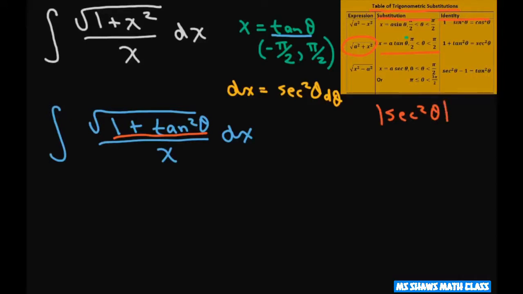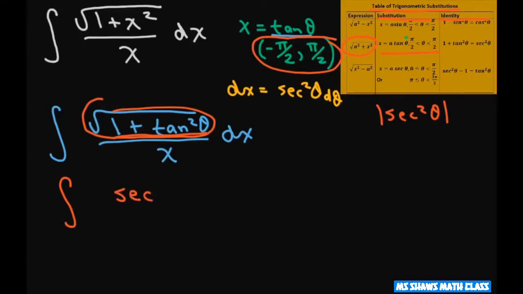You take the absolute value, but since we're in this quadrant, we're positive. So once you take care of this part, what we really have is secant theta divided by x, and our x is tan theta, and our dx is secant squared theta d theta.